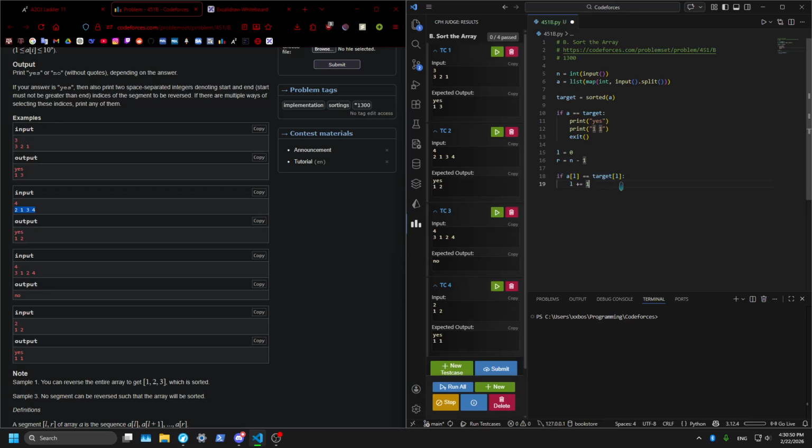And then the other check we have to do is if A[R] equals target[R], then R minus equals 1. Now we need some sort of a loop, a while loop. While what? While L is less than R.